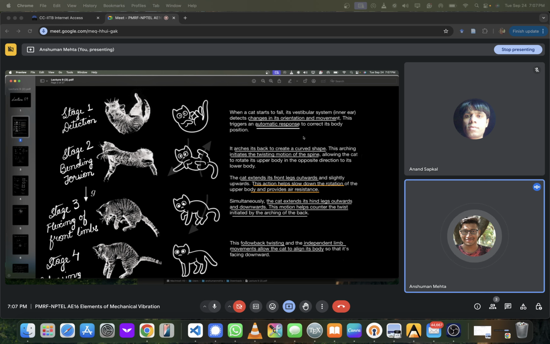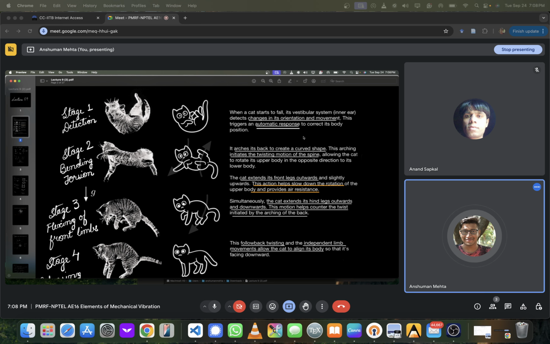So this is the main reason of the cat being confident enough of just falling from the floors. And also, when the cat is extending its limb, the air resistance which the cat is getting will also increase. So it will also slow down the cat.